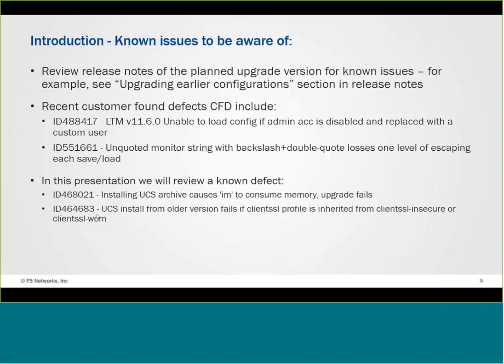In this particular presentation, we will only be focusing on the actual upgrade process, the upgrade script, which does the conversion of the older configuration in your current install boot location to the new volume which you've just installed.